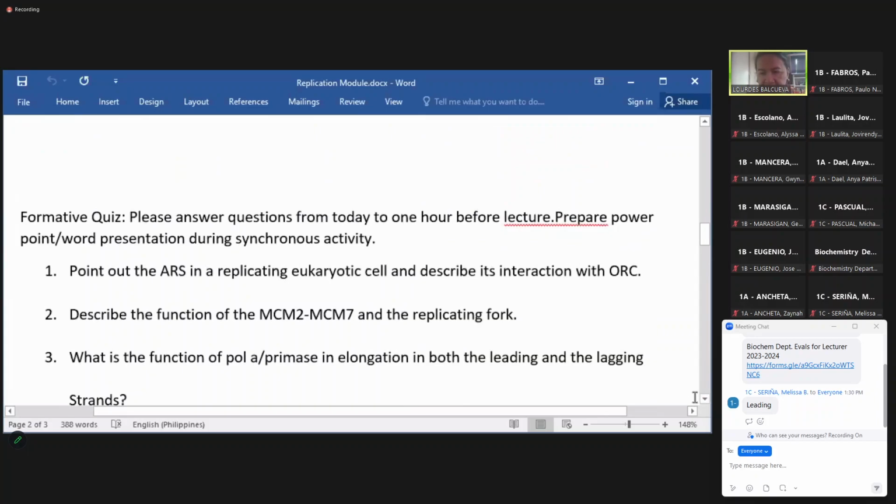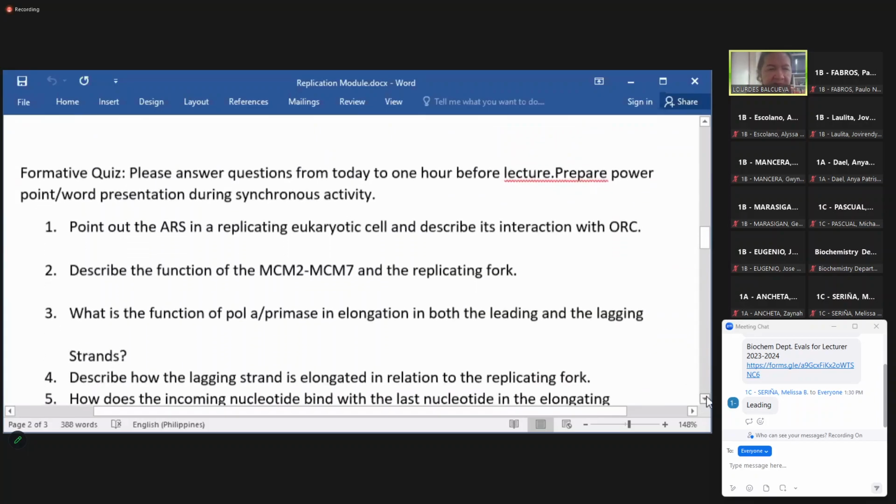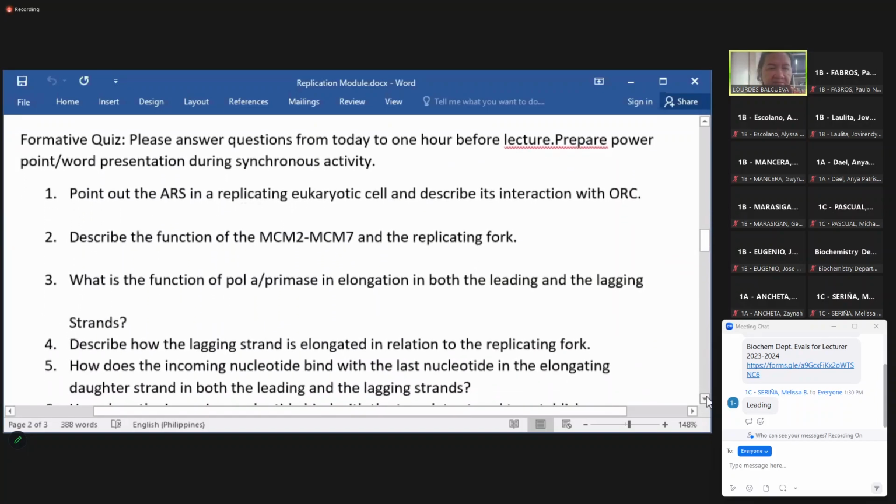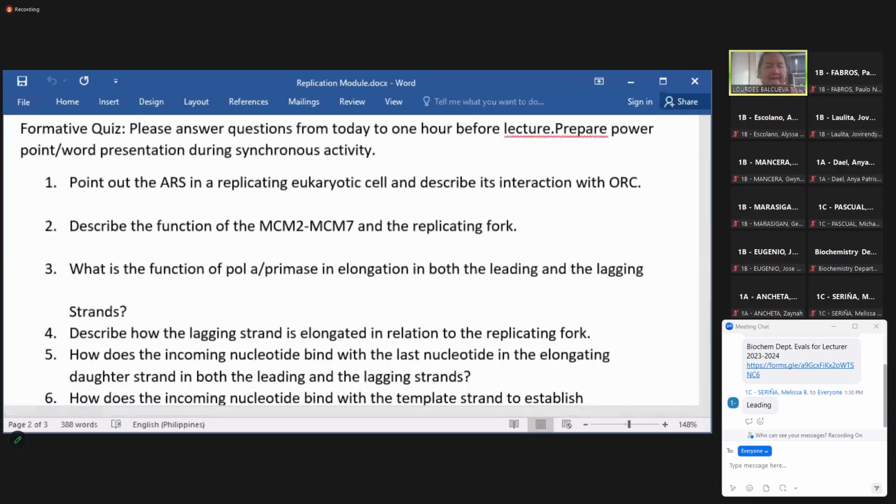Okay. So who can answer number 1? Just describe and its interaction with ORC. Point out the ARS in a replicating eukaryotic cell and describe its interaction with ORC. Anyone?